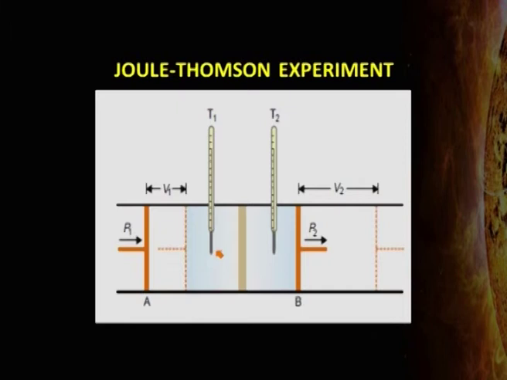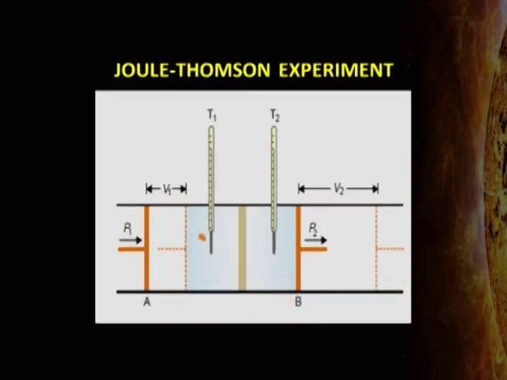The apparatus used by Joule and Thomson to measure the temperature changes when a gas expands from a region of high pressure to a region of low pressure is shown here in this figure. An insulated tube is fitted with a porous plug in the middle and two frictionless pistons A and B on the sides.